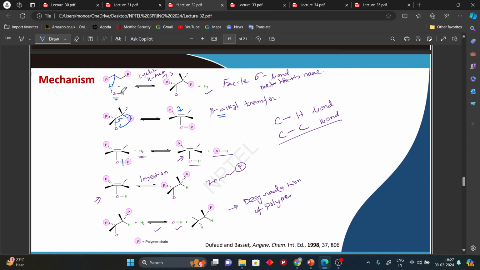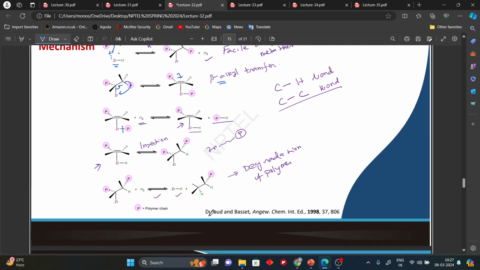One by one, each unit is breaking following this pathway and degrading your polymer, which is needed for the recyclability of your polymer.